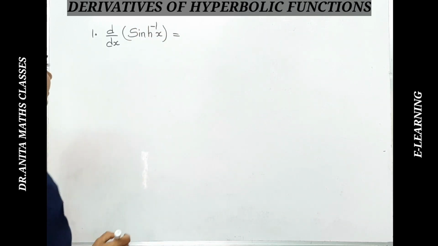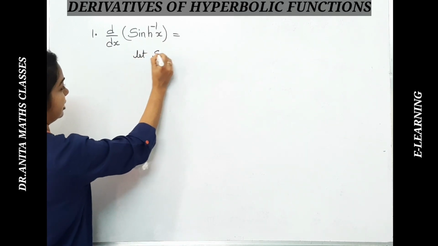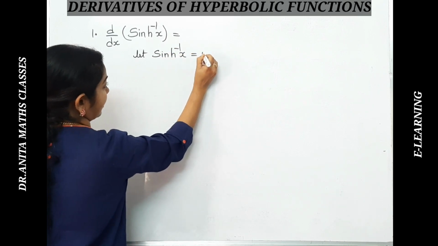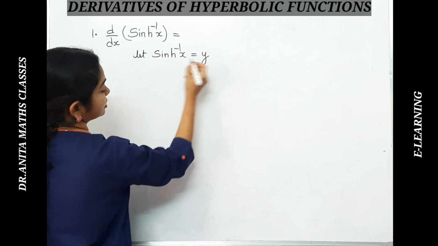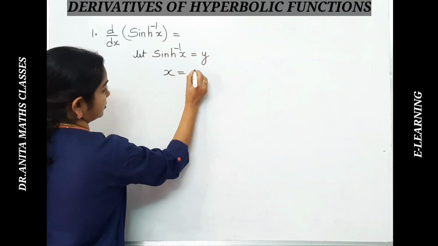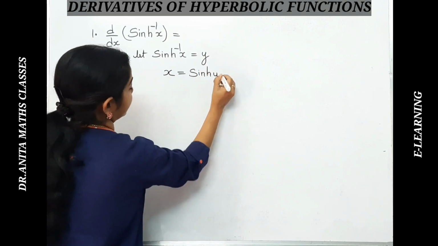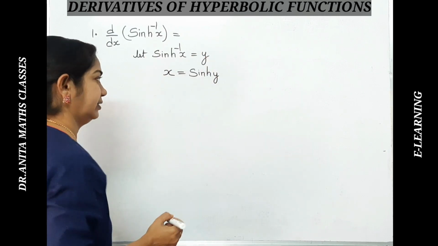Let us derive it. Let me suppose this inverse hyperbolic function as y. Let this be y. Shifting this inverse to the other side, x is equal to sine h of y.